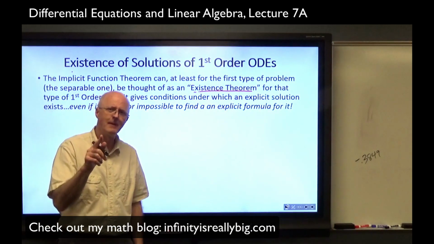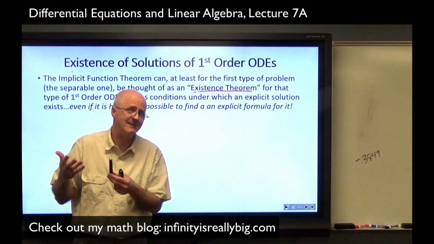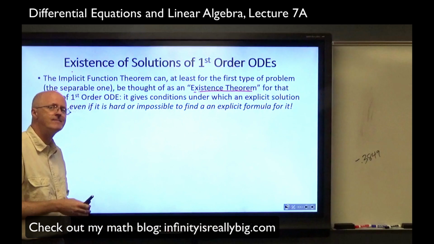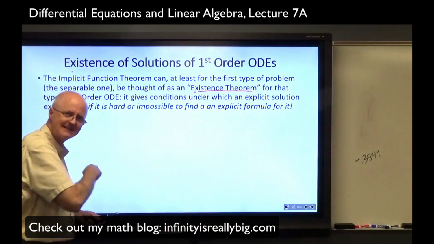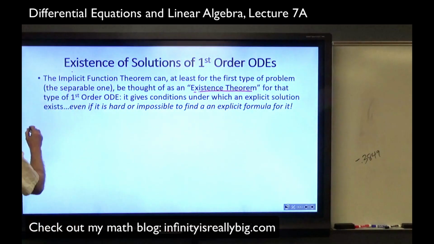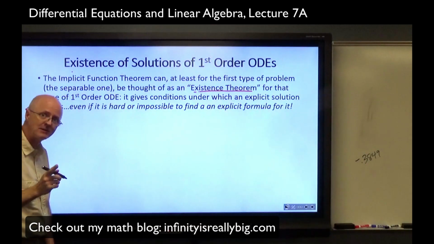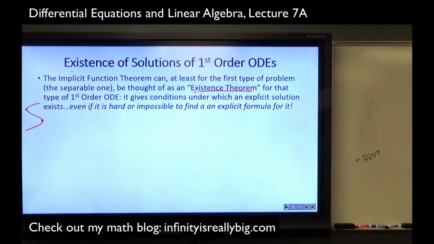And by the way, where those slopes were vertical, that's actually where the implicit function theorem doesn't apply. In that graph, where the implicit solution that looked like an S had infinite slopes here and here, that's where the implicit function theorem does not apply. You might want to think about that.